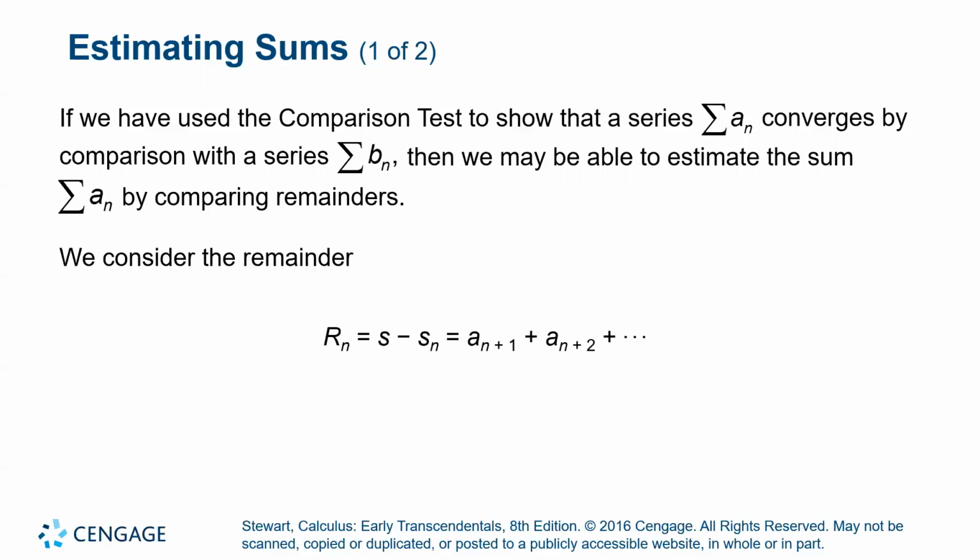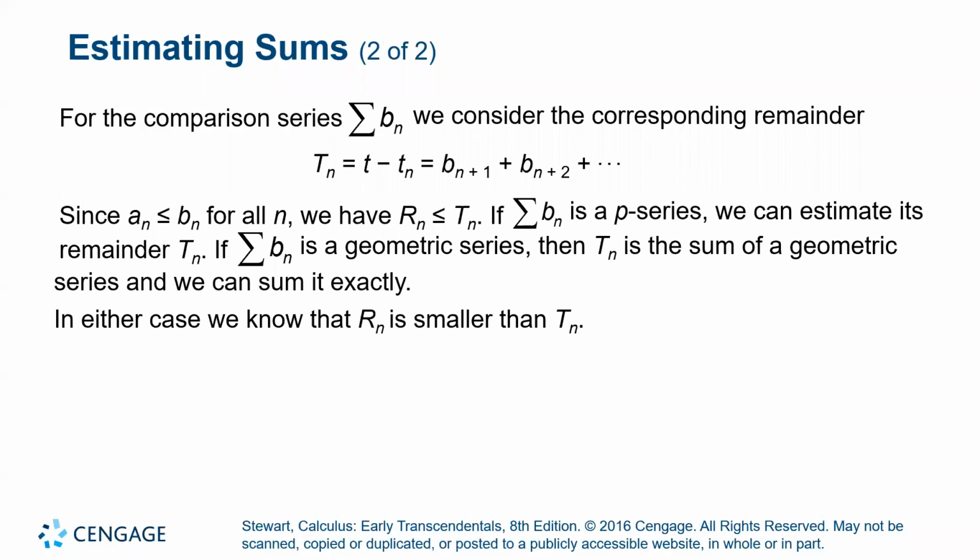And it consists of all of the terms after that, an plus 1, an plus 2, and so on up to infinity. So for the comparison series Bn, whatever we're comparing to, we have to consider that remainder as well, which we call Tn, capital T sub n, which is the sum of the series Bn minus the partial sum that you use to estimate Bn.